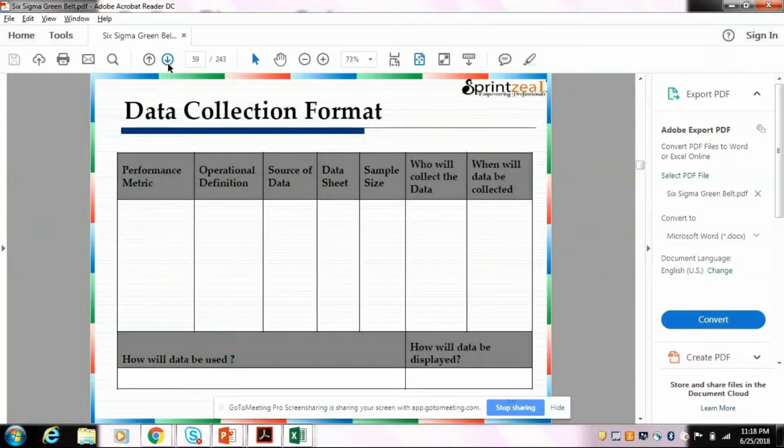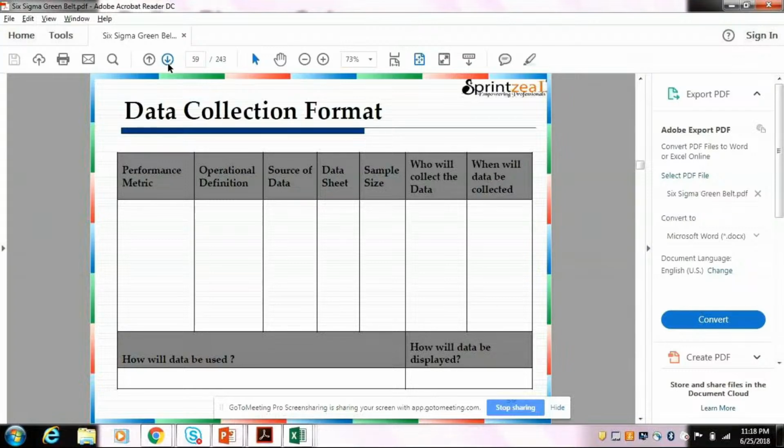Okay, wonderful. Then we have data collection. Six Sigma is a statistical technique. So if we don't have data, we would not be able to do a Six Sigma project.